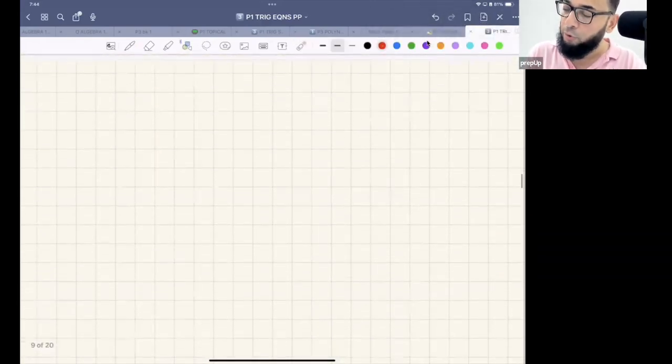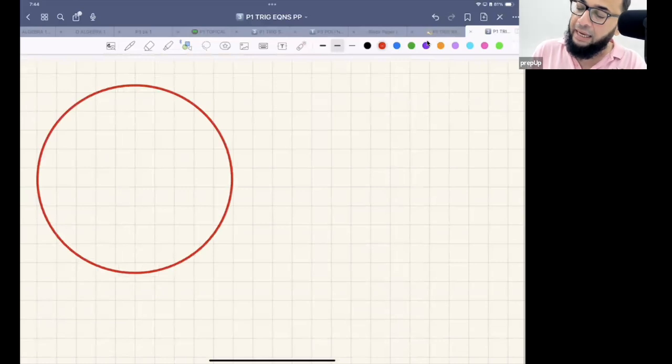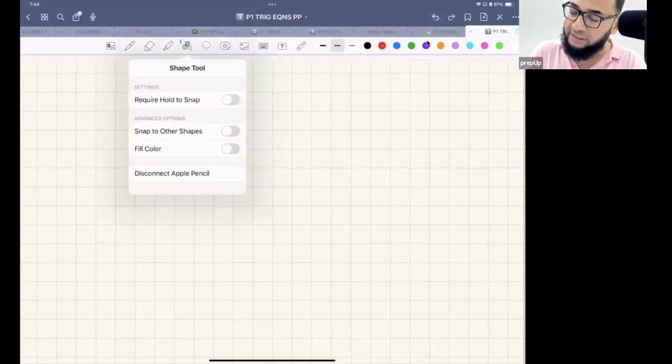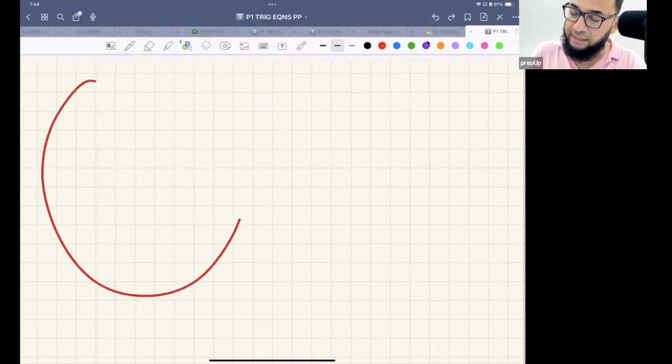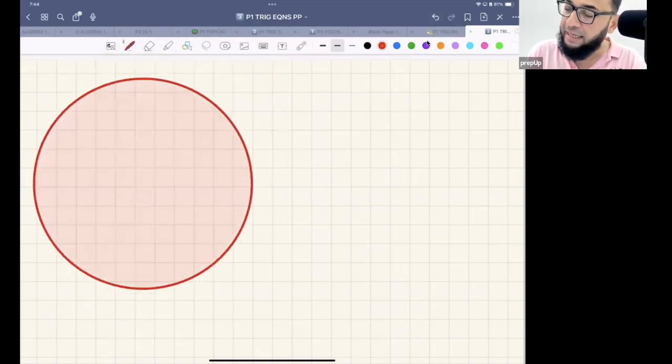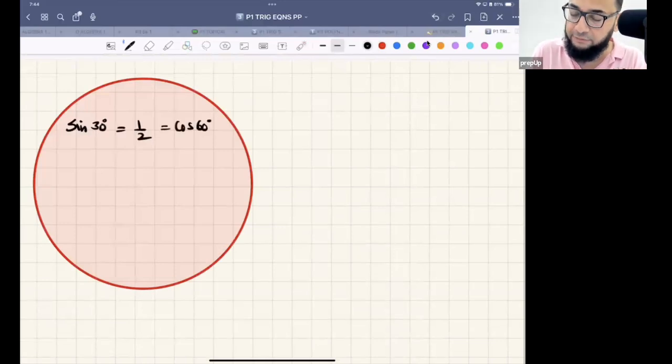Let me draw a box over here, a box that is shaded. That goes like this. Sine of pi by 6, actually let me write in degrees right now. Sine of 30 degrees is half, which is cosine of 60 degrees.